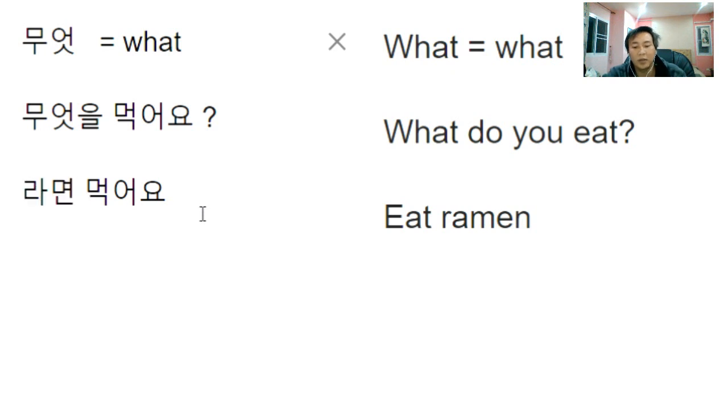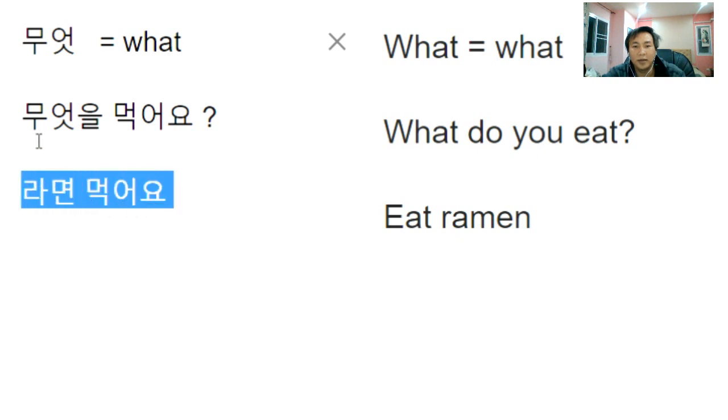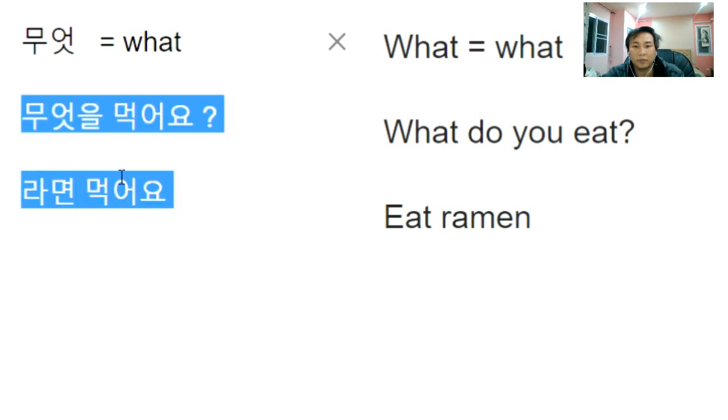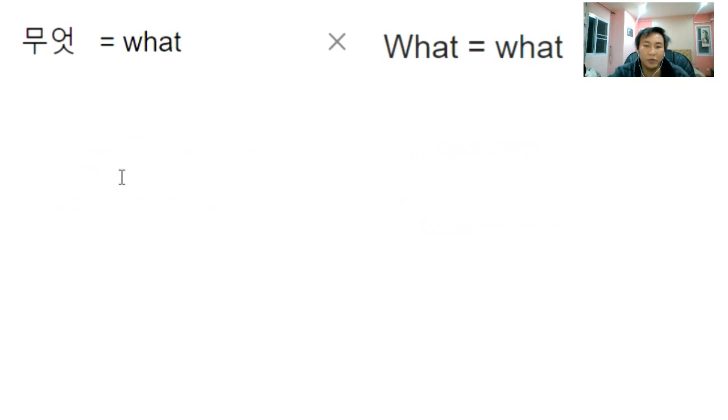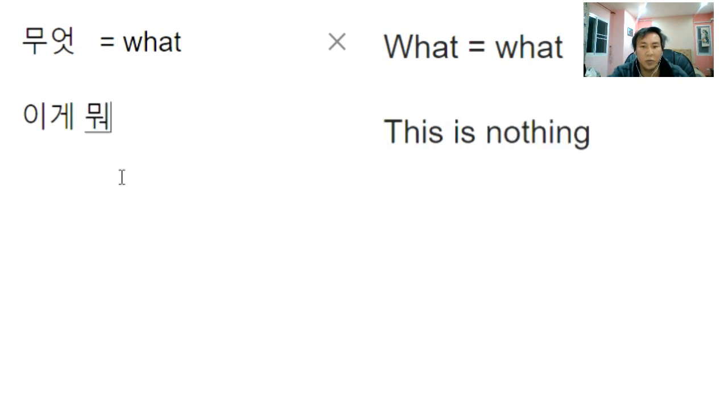Okay, so let's see the next example. Then I will use the short form. "Ekka" means "this". "Mo yeah yo".